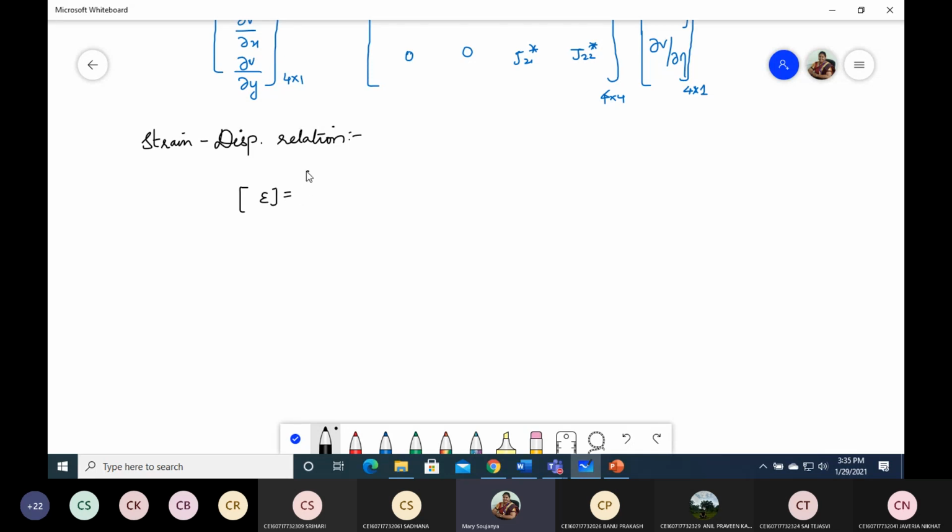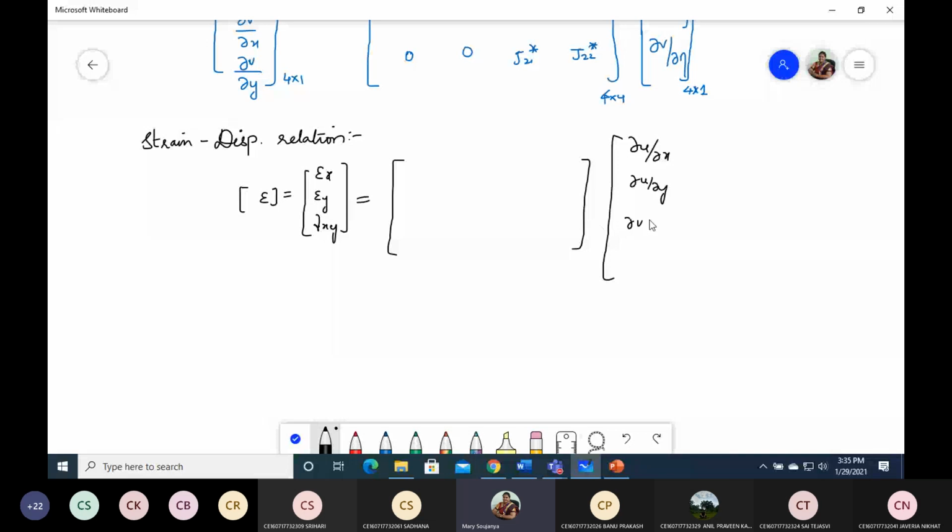So the strains are three: epsilon x, epsilon y, gamma xy, which have to be written in the form of the displacements, dou u by dou x, dou u by dou y, dou v by dou x, dou v by dou y.